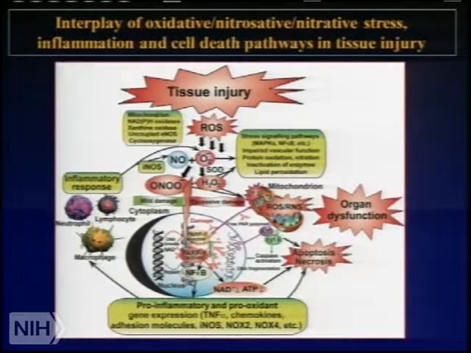This is the most abundant nuclear enzyme. It starts to repair the DNA, but it uses NAD and, when overactivated, leads to impairment of ATP synthesis in glycolysis, and it leads to cell necrosis in most of the cases. So this is one of the well-known pathways of cell necrosis.